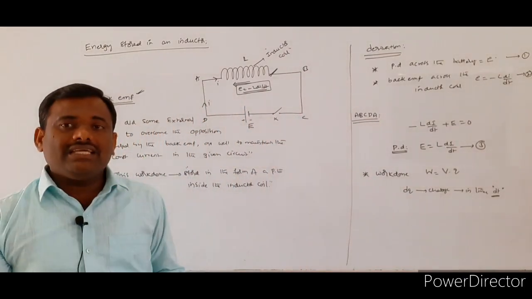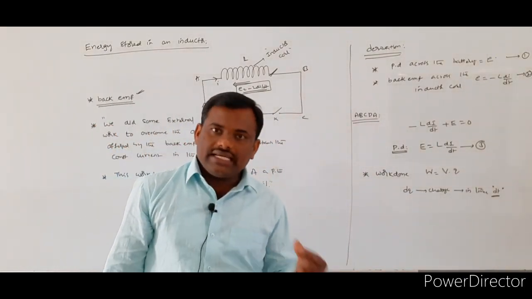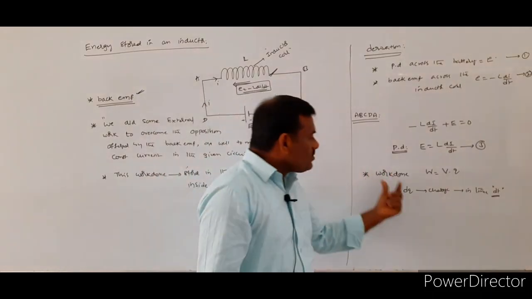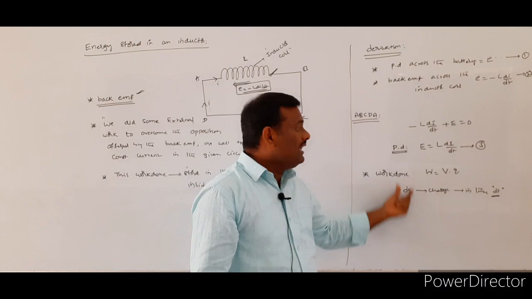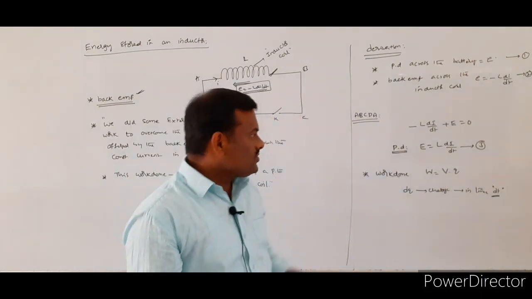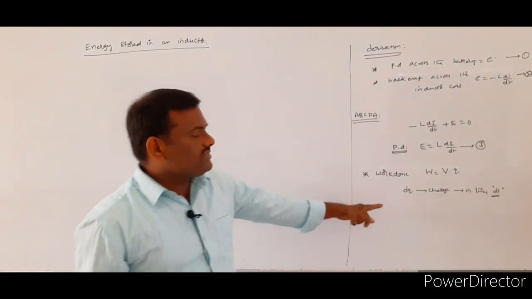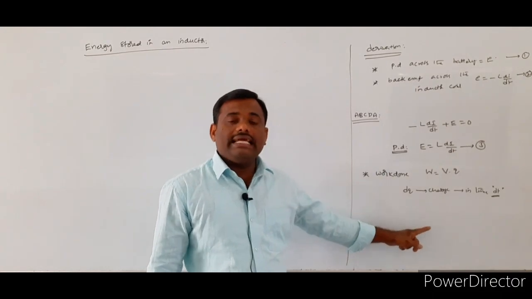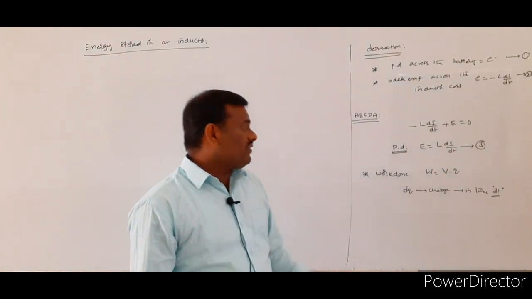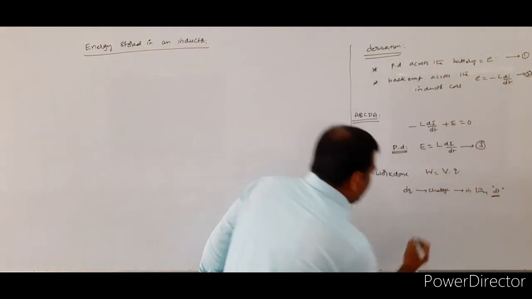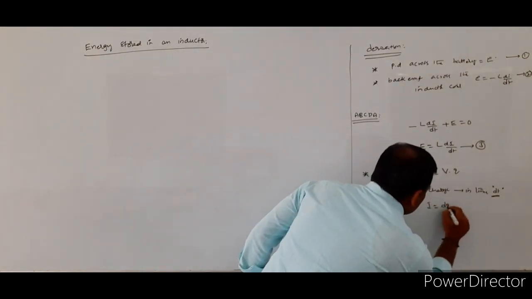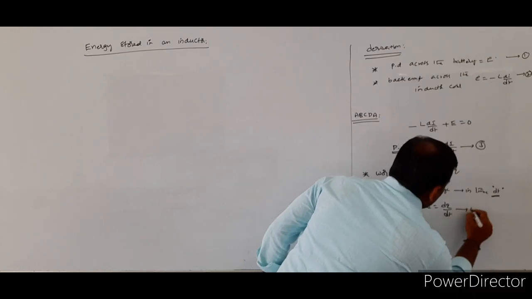The current is nothing but the rate of change of electrical charge. So the small amount of electrical current is nothing but dq by dt. So I is equal to dq by dt.